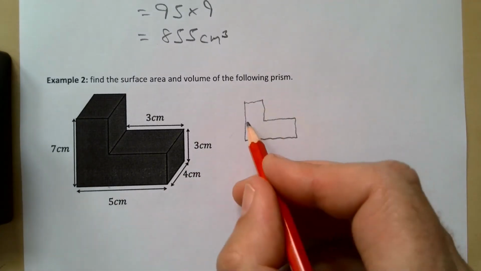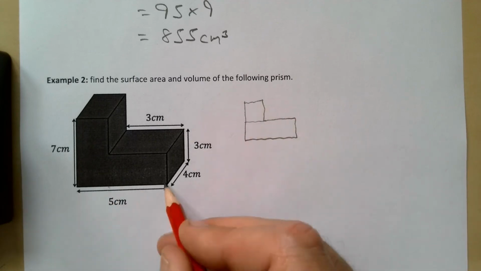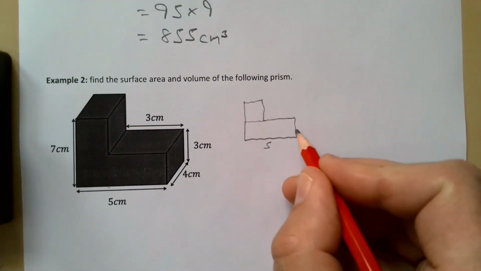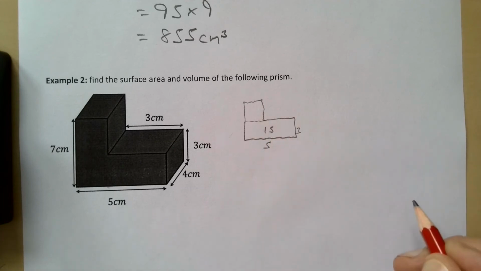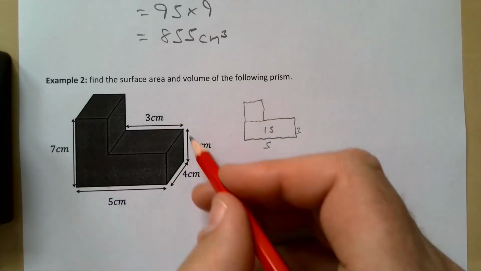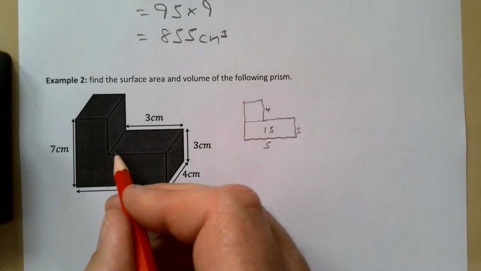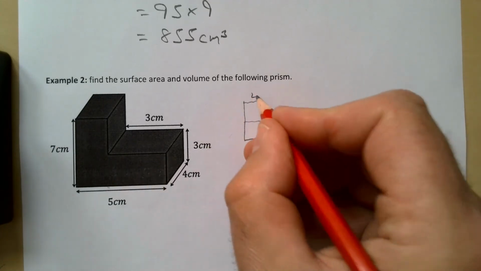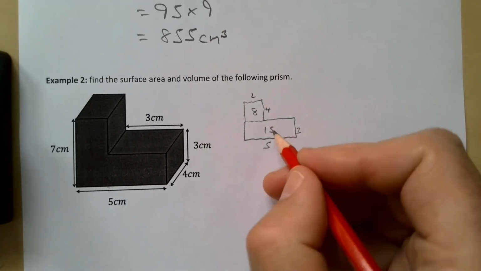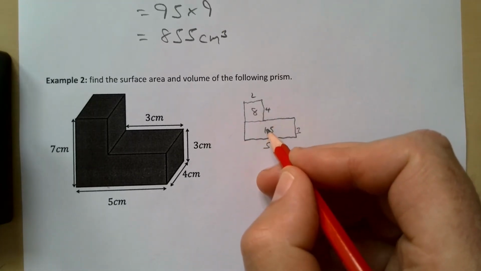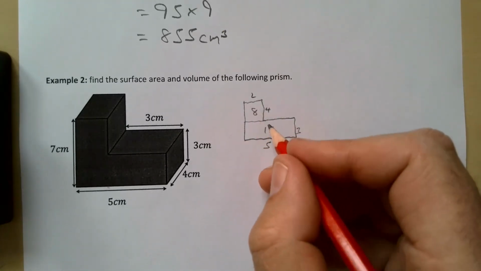So let's do some sums. That's 5 and that's 3. So that's 5 and that's 3. So the area of that bit is 15. That's 7. That's 3. So that wee bit there must be 4. And if that's 3 and that's 5, that must be 2. So that wee bit there must be 8. So 15 plus 8 is 23.